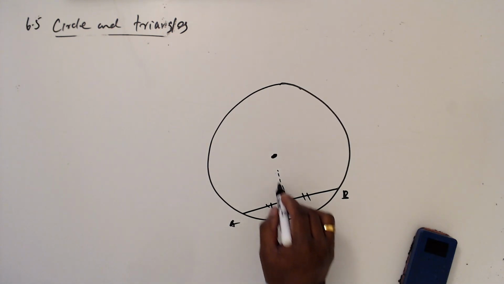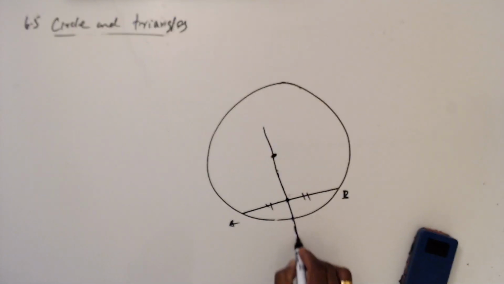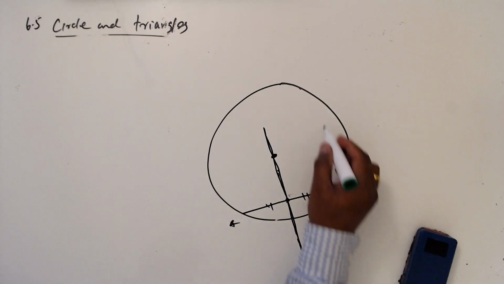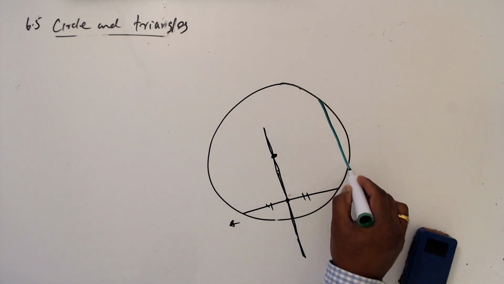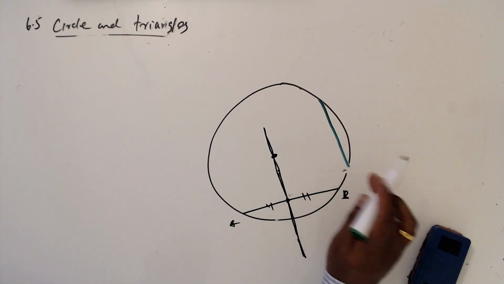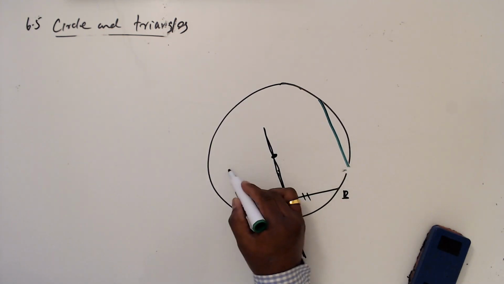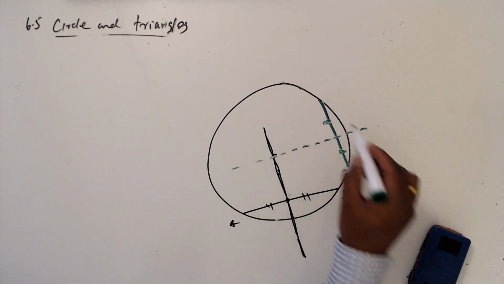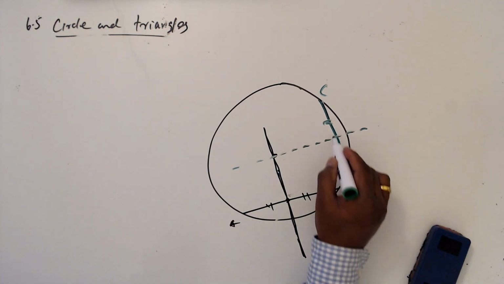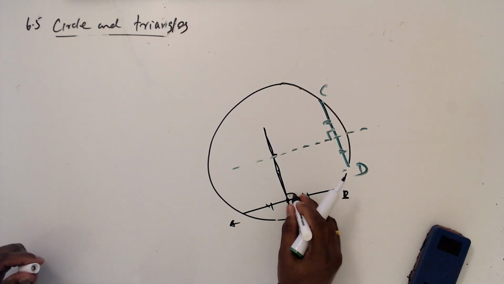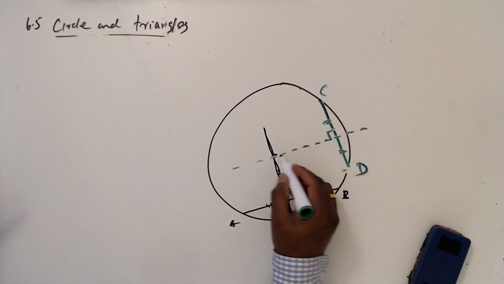And we know that this is going through the center. And however many chords we draw, 1000 chords, still the perpendicular bisector is going through the center. This is the chord CD, and this is the perpendicular bisector. So that one is also going through the center.